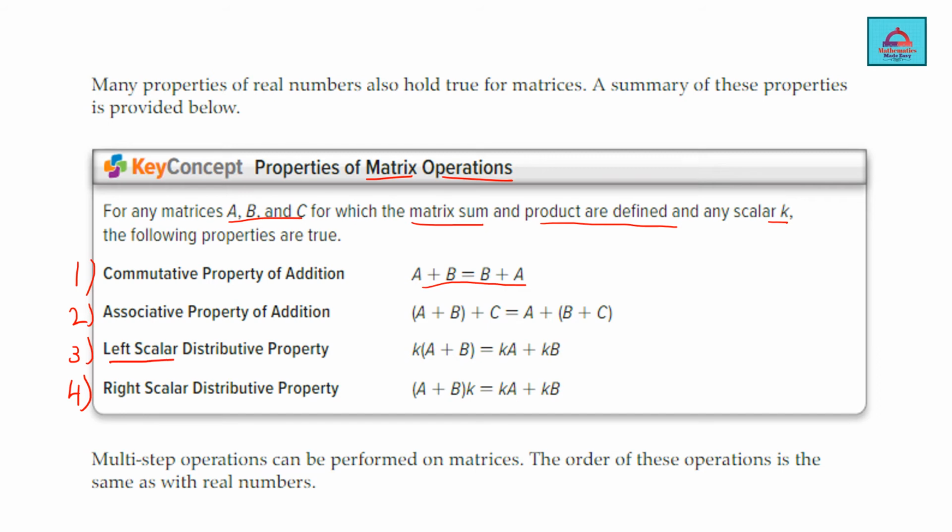Then is your left scalar and right scalar. So simply when you are multiplying with the scalar k in the left direction, k multiplied with a plus b gives you ka plus kb, that's left scalar. Right scalar when you have a plus b multiplied with k coming from the right side. Again the result is same, ka plus kb.